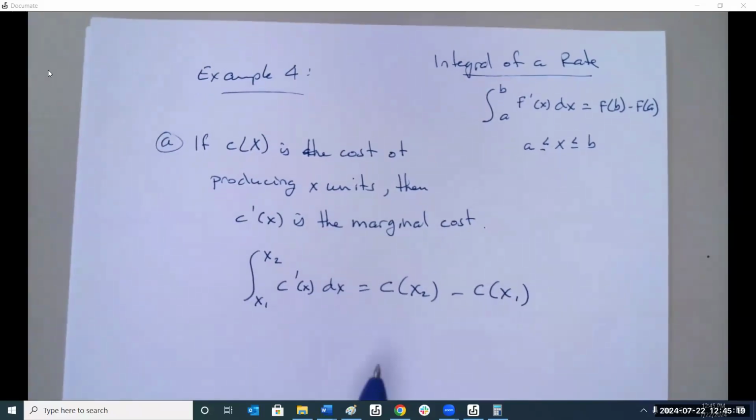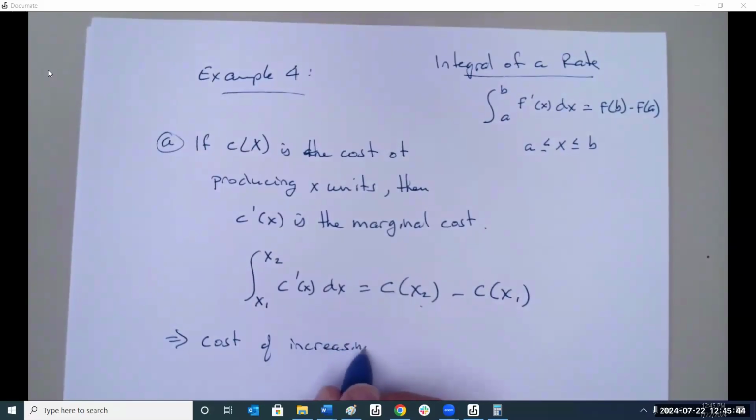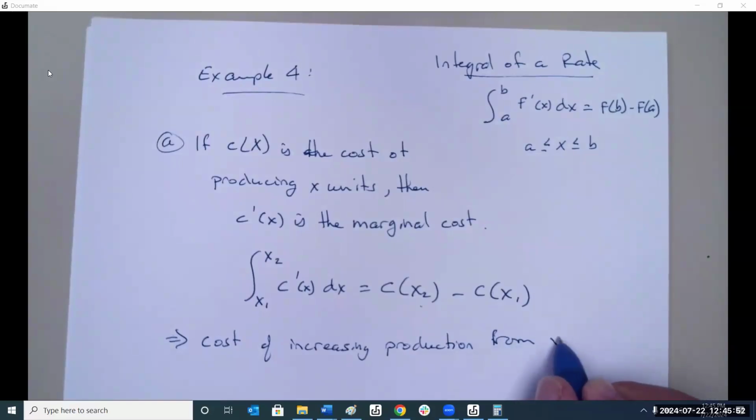And the integral of the marginal cost is the cost at the second price point minus cost of the first price point, or unit constructed, sorry. This is the cost of increasing production from x1 to x2 units.